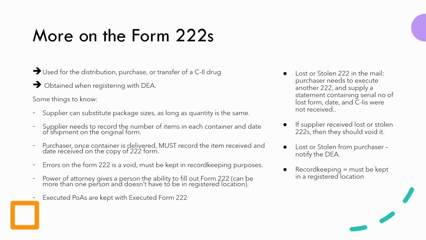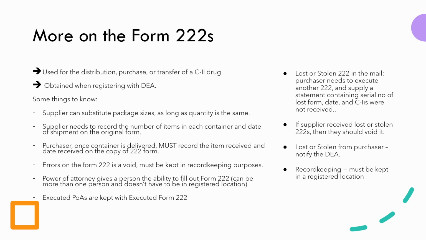So for instance, if you're transferring from one Walgreens to another, right? You would need Form 222 for that, in addition to the distribution of that C2 drug. Usually Form 222 is obtained when registering with the DEA.